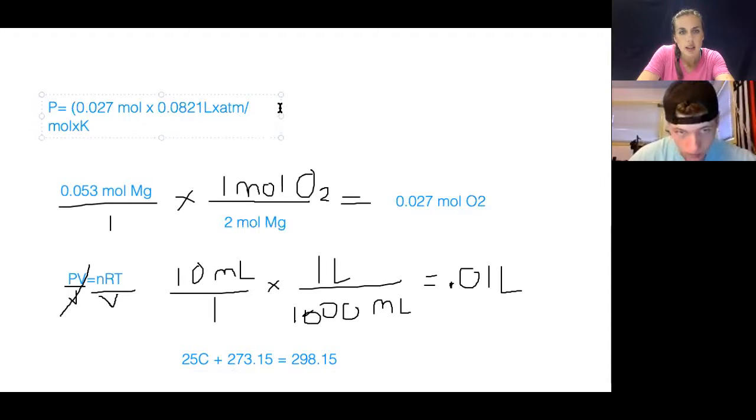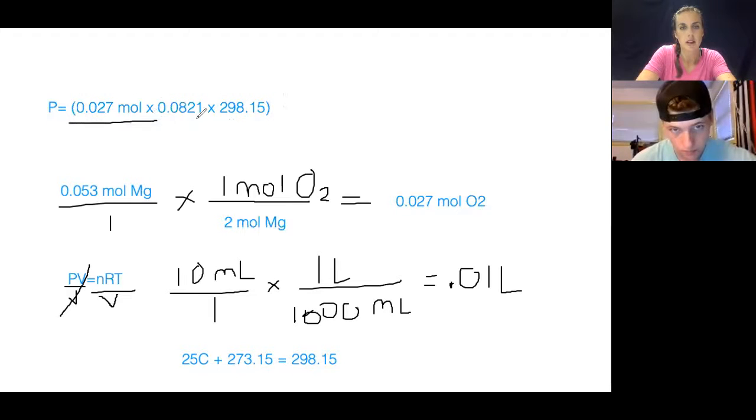I'm going to leave out the unit for now. And then temperature, which was 298.15, close the parentheses. All that divided by volume, which is 0.01 liters.